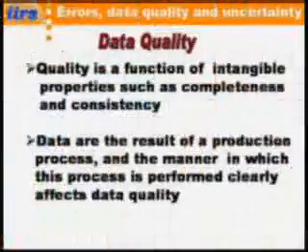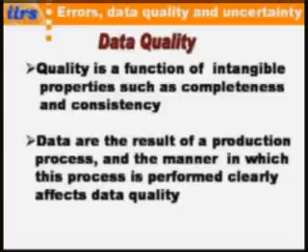So we talked about errors, and now we are talking about data quality. Quality is basically a function of intangible properties such as completeness and consistency. So let us talk about what completeness and consistency are. Completeness means, when you create data, you take a map, scan it and start digitizing it.